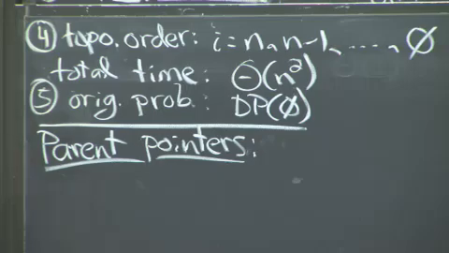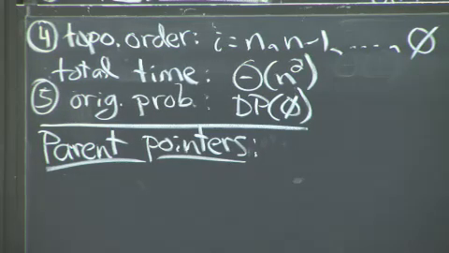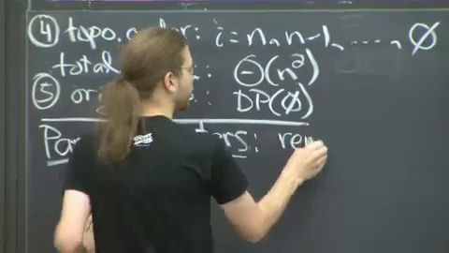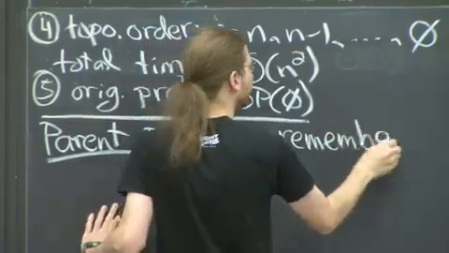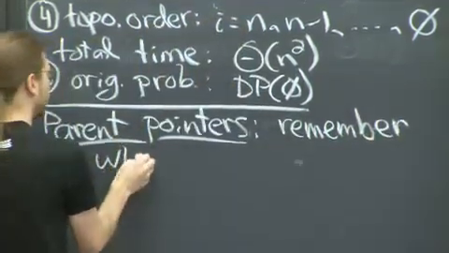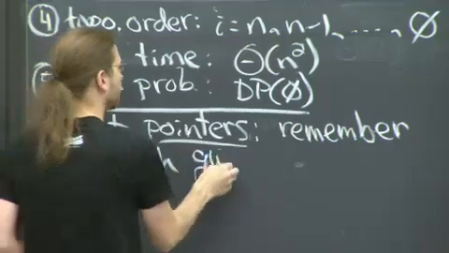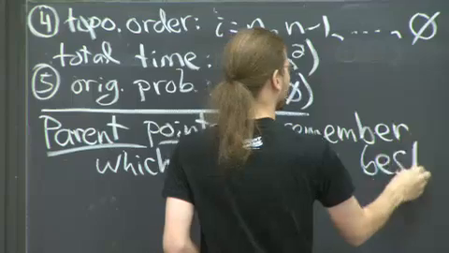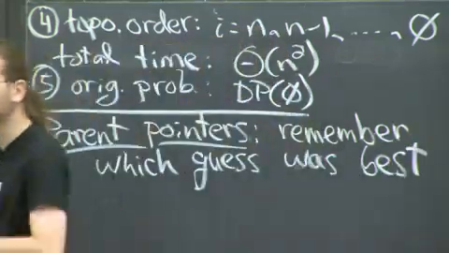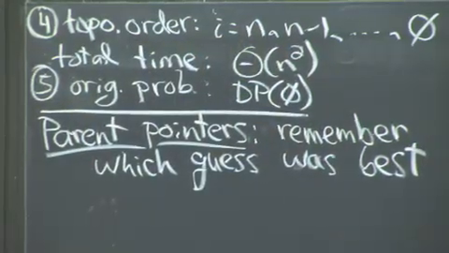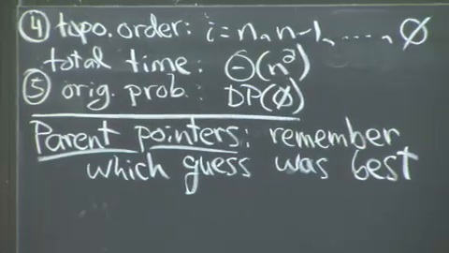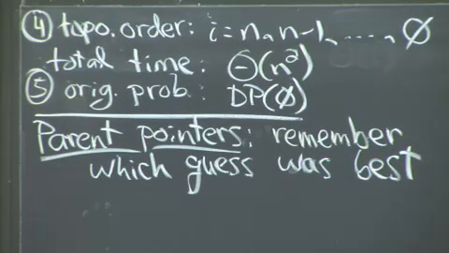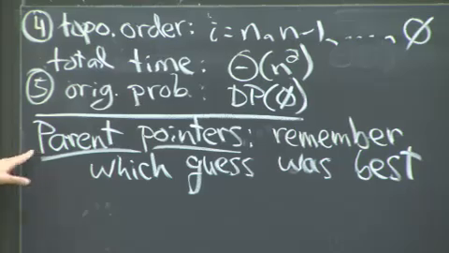The idea with parent pointers is just remember which guess was best. It's a very simple idea, but it applies to all dynamic programs and lets you find the actual solution, not just the cost of the solution. We did the same thing with shortest paths. We even called them parent.